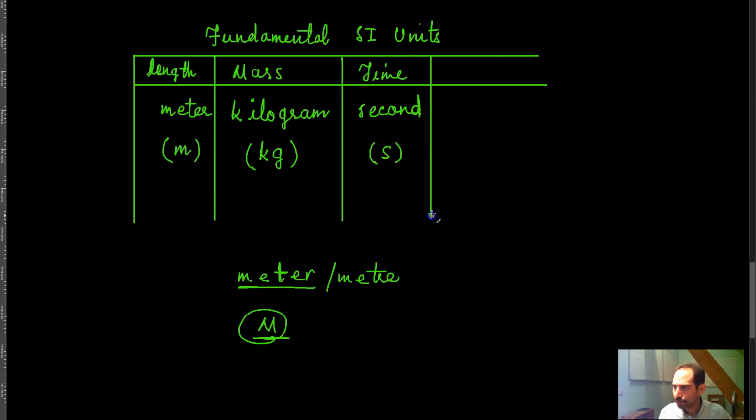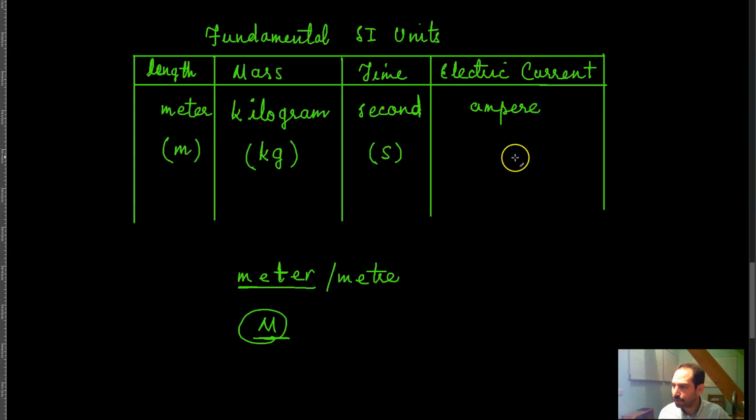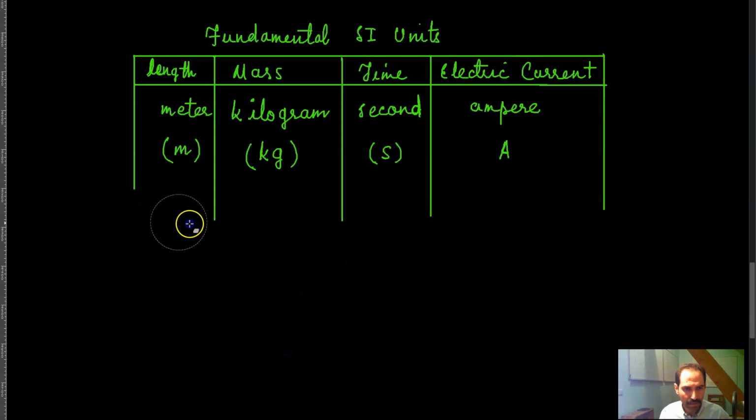The unit for electric current is ampere, which is the name of a scientist, and for the same reason the unit symbol is an uppercase A. This is usually done in physics for units named after scientists. For example, there is ohm.